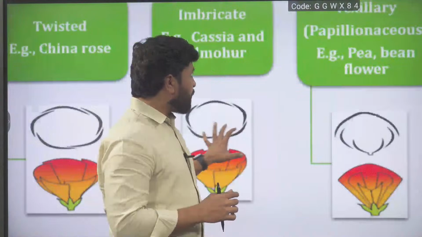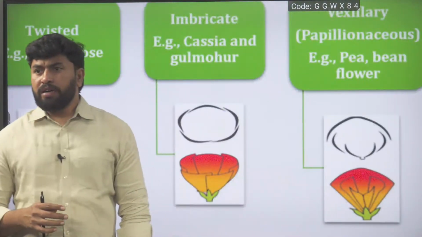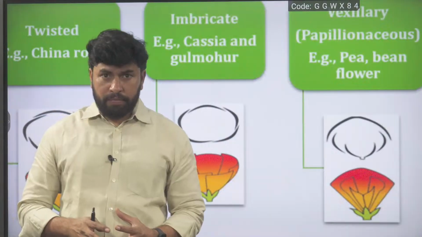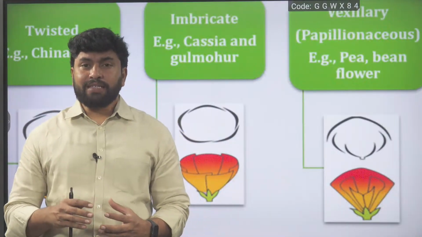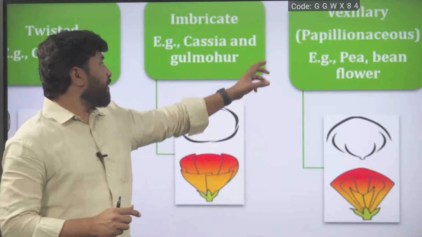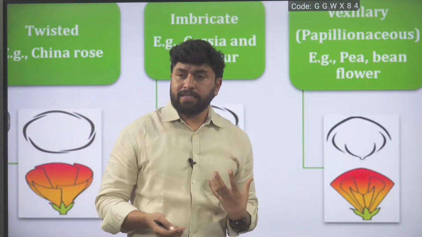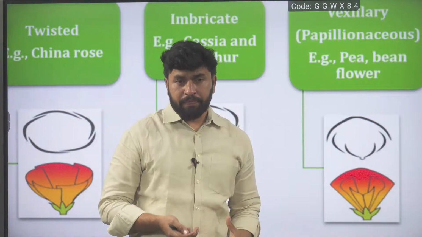Next one, papillonaceous. Remember, there is a word called papillonaceous corolla and also vexillary type of aestivation. Be careful, vexillary is the aestivation, and the type of corolla is called papillonaceous corolla.